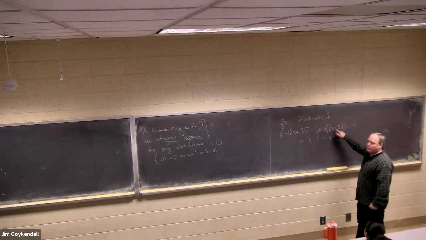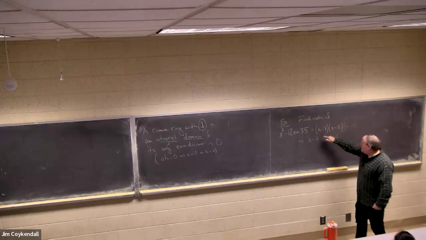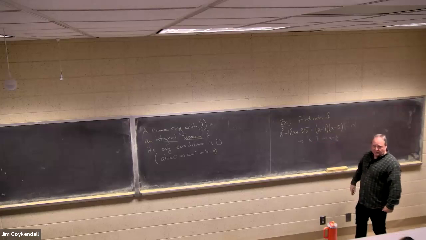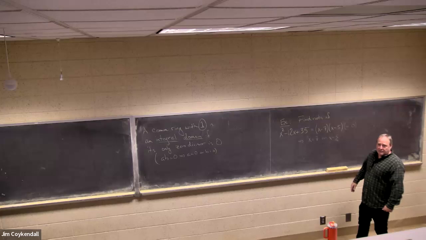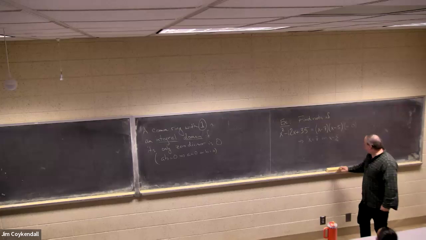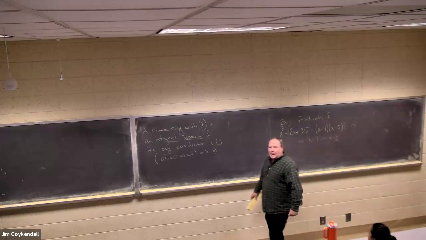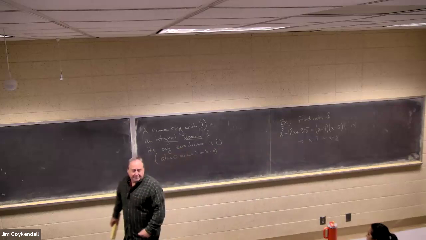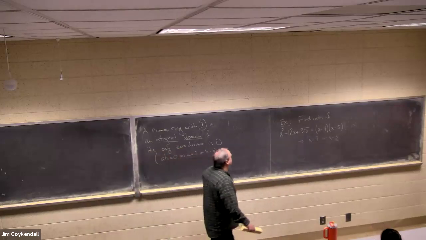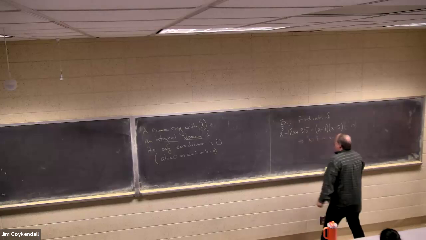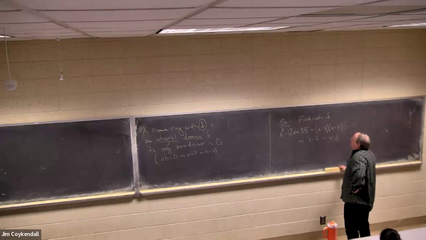That means one of these two things has to be zero. So either x is 7 or x is 5, right? Everybody okay? So this is why integral domains are important.